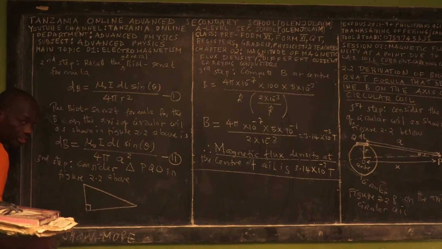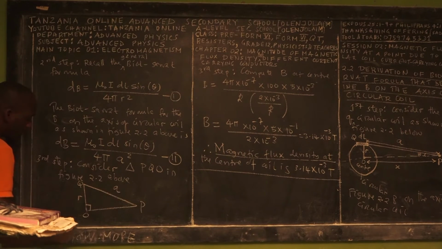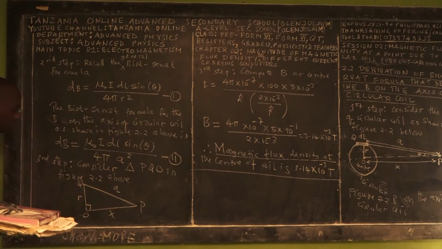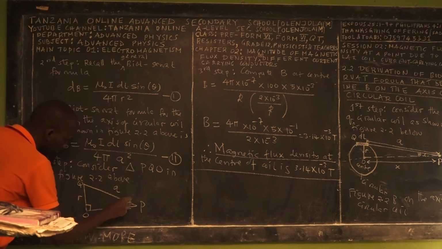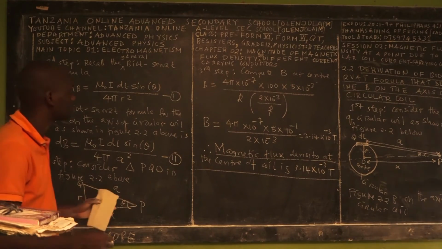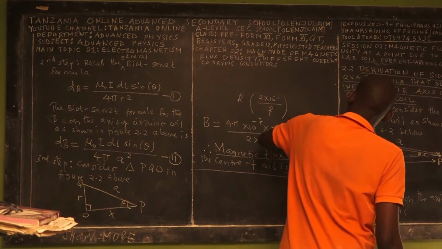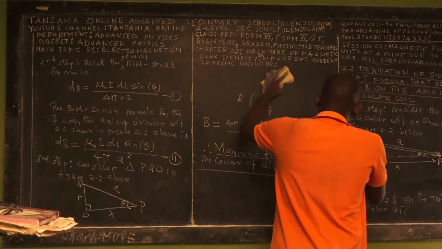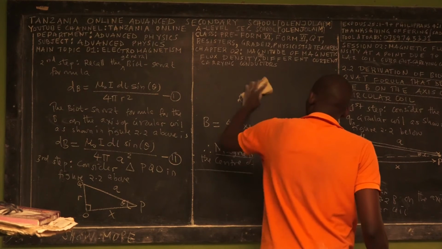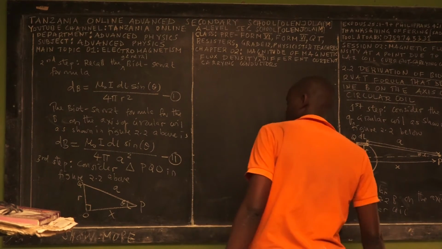Here we have 90 degrees, and here we have radius R. This is Q, this is O, this is P, this is A, and this is X. And here we have an angle theta.